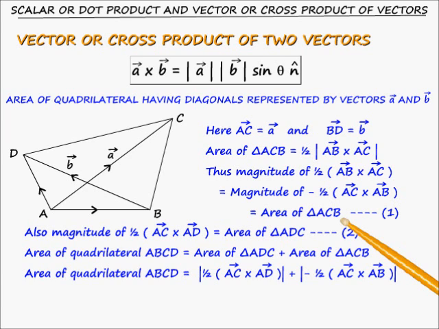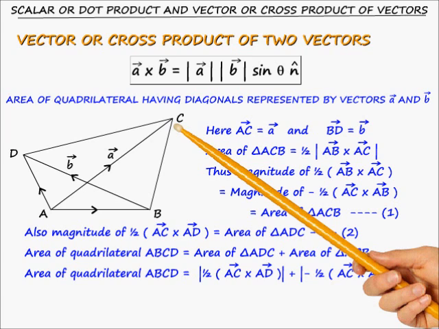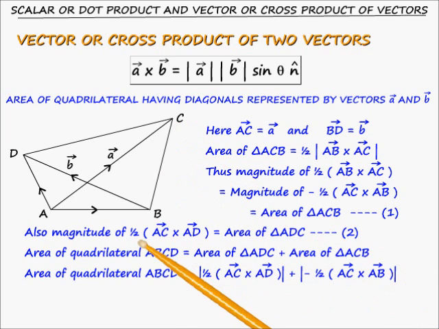Now area of triangle ADC is equal to half of the magnitude of AC cross AD. This implies magnitude of this vector is equal to area of triangle ADC. When we add these two, we get the area of the quadrilateral ABCD.